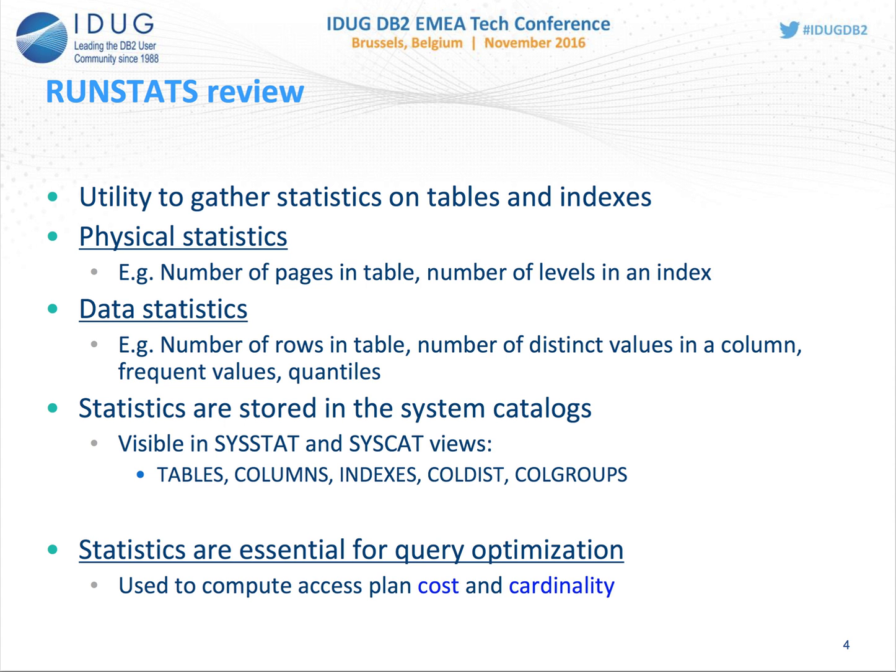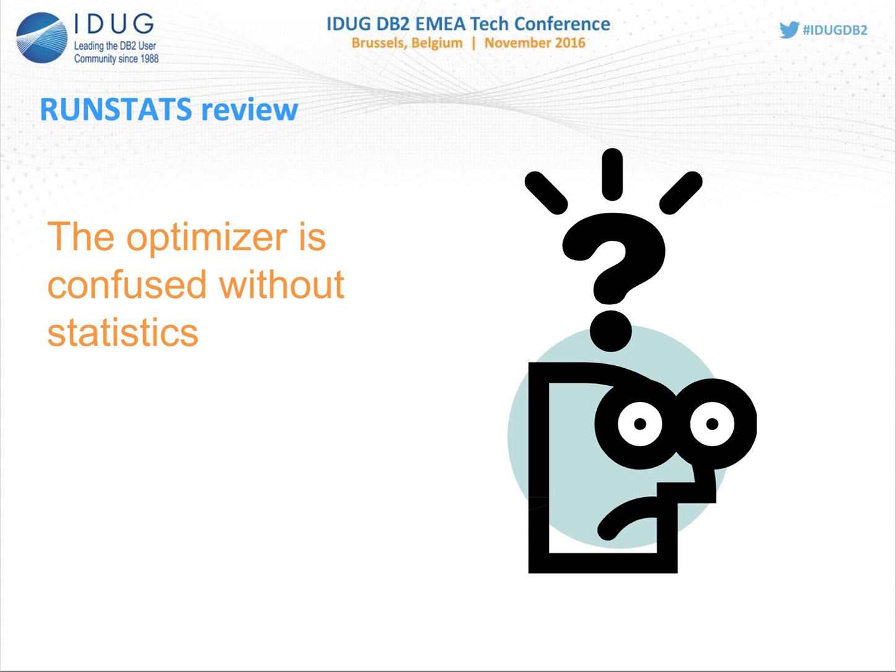So why do we have RUNSTATS, a stats collection utility? It's primarily for the optimizer. The optimizer is deeply confused without statistics. There have been some other sessions here this week going through how the optimizer uses the stats. Joe had one yesterday on filter factors, with lots of good detail on how these are consumed and the computations the optimizer does.